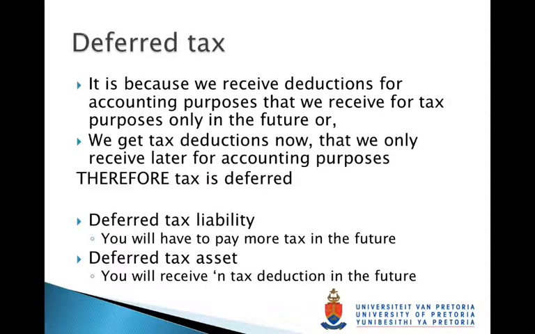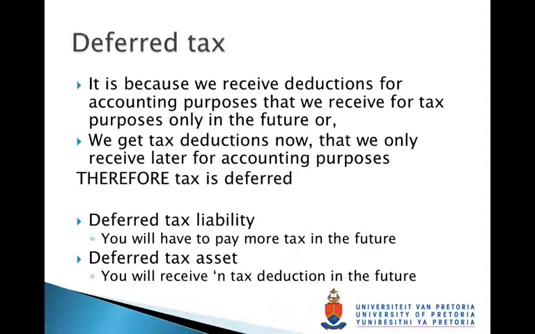And then the second point I've told you that we do in accounting is the movement in deferred tax, but you first need to know what is deferred tax. A deferred tax arises because we receive deductions for accounting purposes that we receive for tax purposes only in the future, or we get the tax deductions now that we only receive later for accounting purposes.